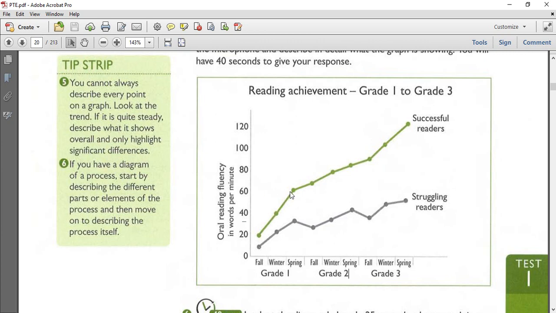But the successful reader just keeps growing steadily from 60 words per minute to 80 words per minute. And in fall of grade 3 it grows significantly from 80 to 120 words per minute, from fall to spring. But the struggling reader is still not growing as fast as the successful readers.